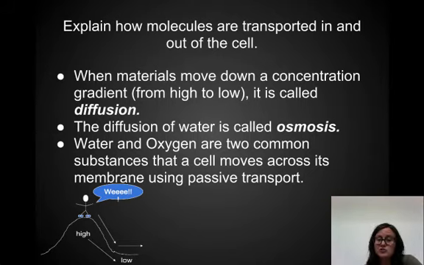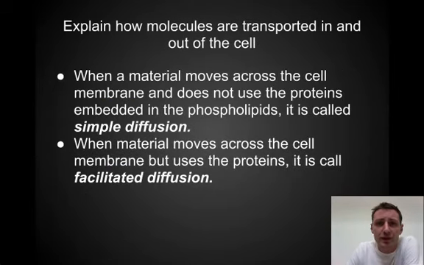Water and oxygen are two very common substances that a cell will move across its membrane using passive transport with no energy. So when material wants to get inside of the cell, the material can go either through the phospholipid bilayer or it can go through the proteins embedded in the phospholipid bilayer.